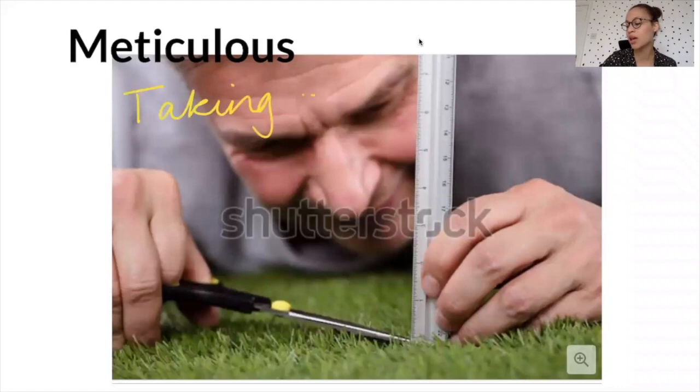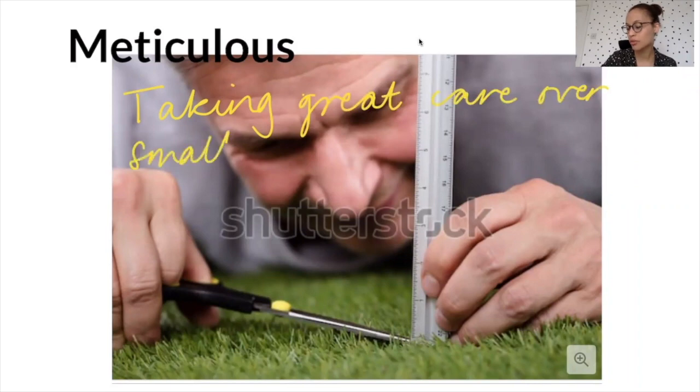Taking great care over small details. Okay, written it there on the board for you if you want to copy it down. So he is being meticulous about his lawn. So that's meticulous, taking great care over small details.